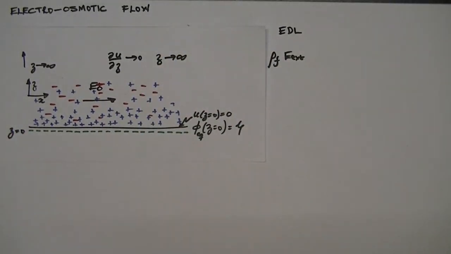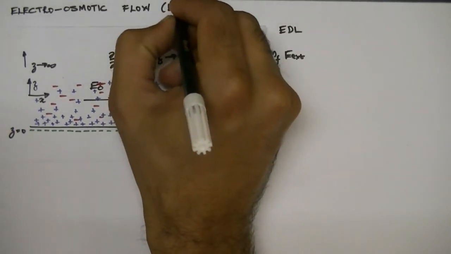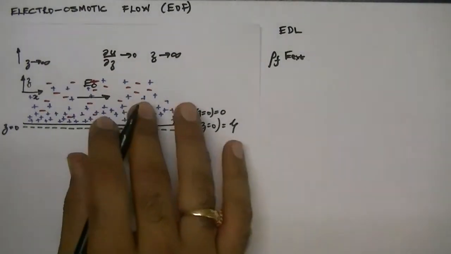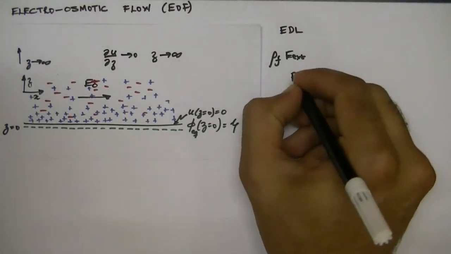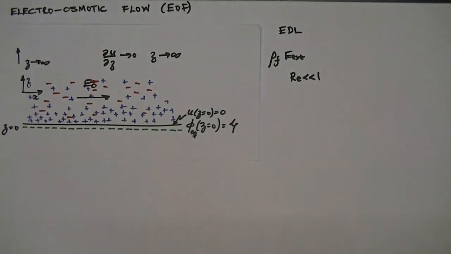So we'll model the electroosmotic flow, which I'll also call EOF, over this flat surface. Now to model this, we'll assume that the Reynolds number is significantly smaller than 1.